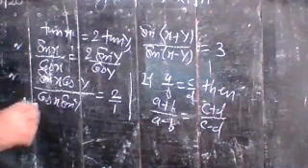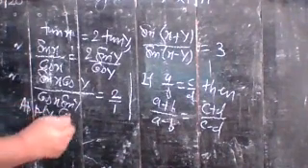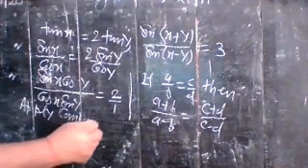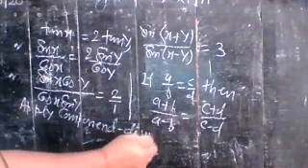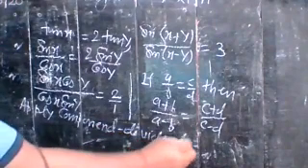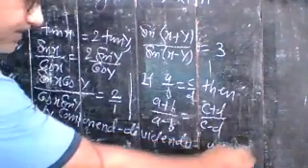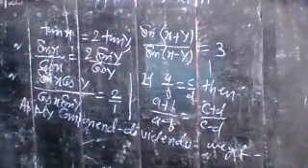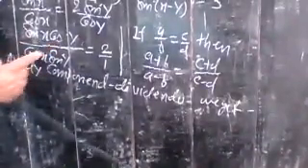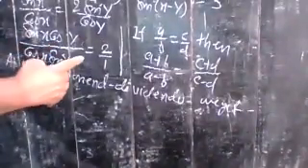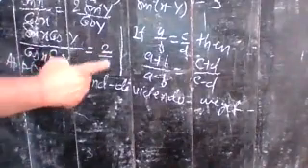Applying componendo dividendo, we get, and that property is to be applied on both sides. Understand? Here sin x cos y upon cos x sin y is equal to 2, and 2 means 2 by 1.